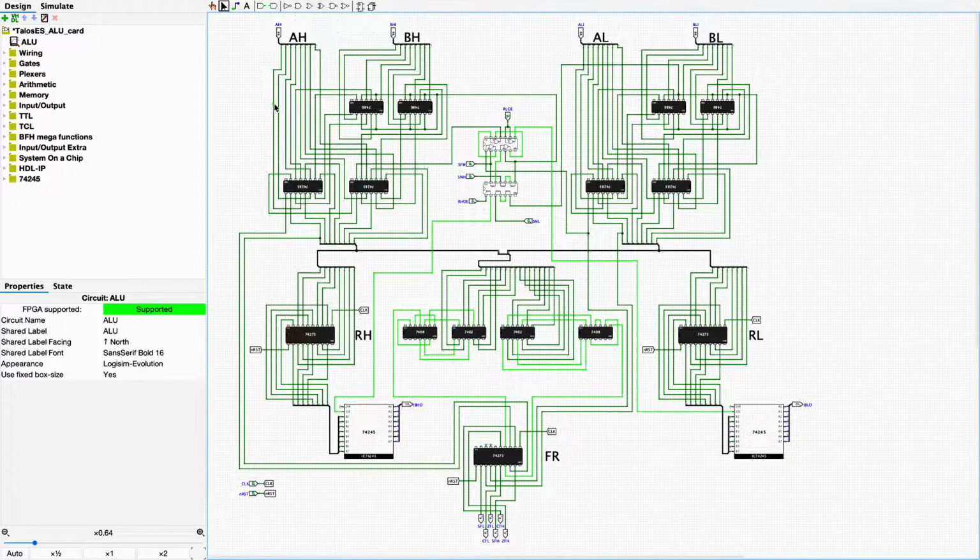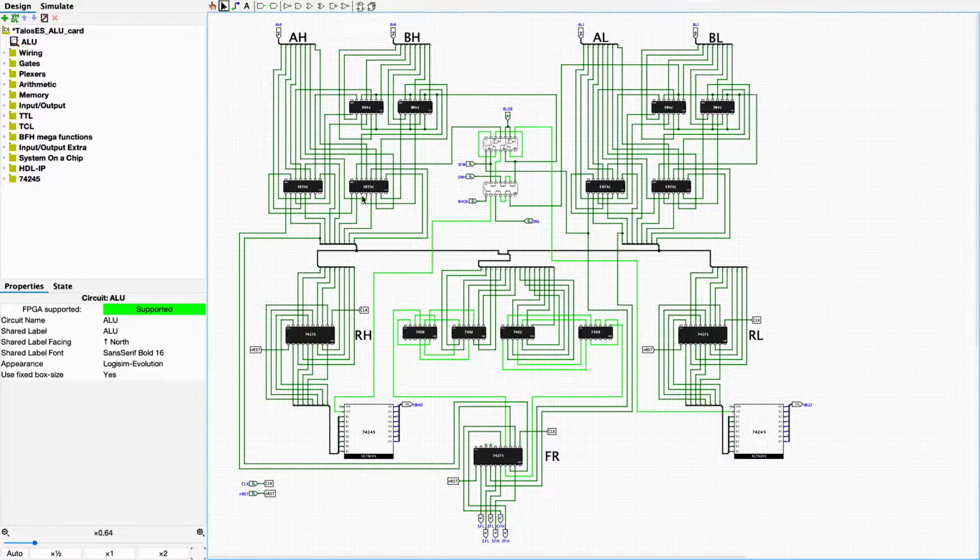The reason is the following. Remember that this is a RISC architecture, and by the time things get to this card, the ALU card, we will already be in the execution stage of the pipeline, and we will have only one cycle to execute, because in the next cycle it will already be the next instruction.